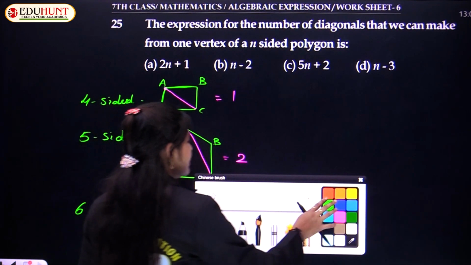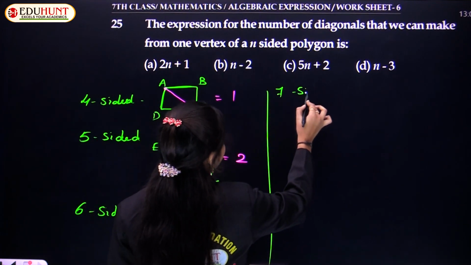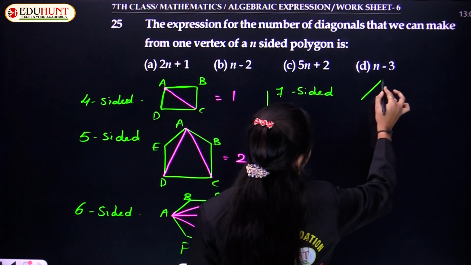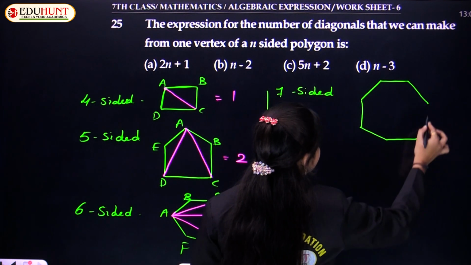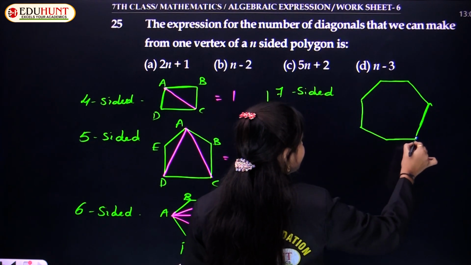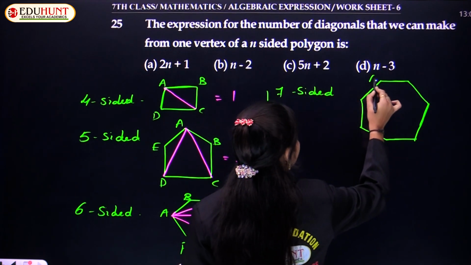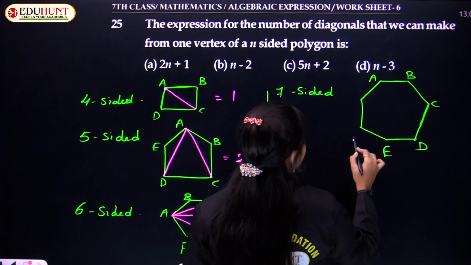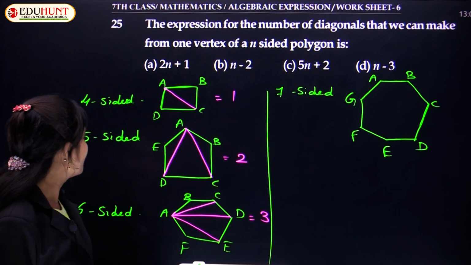See the seventh one, a seven-sided polygon. 1, 2, 3, 4, 5, 6, 7. A, B, C, D, E, F, G. A seven-sided figure.